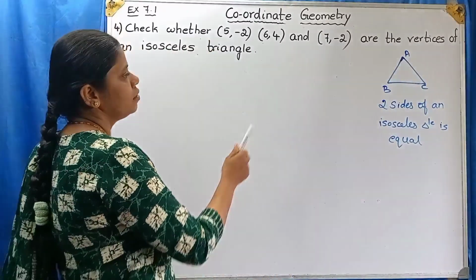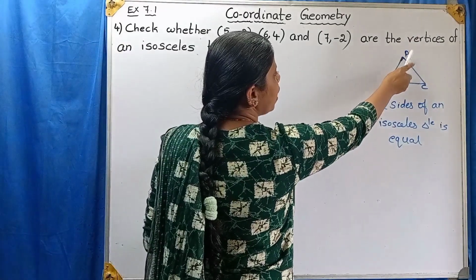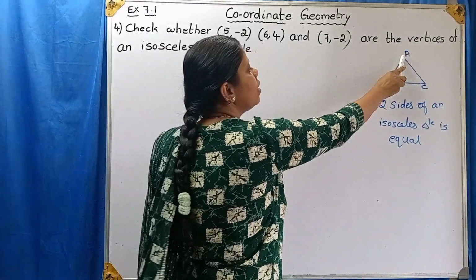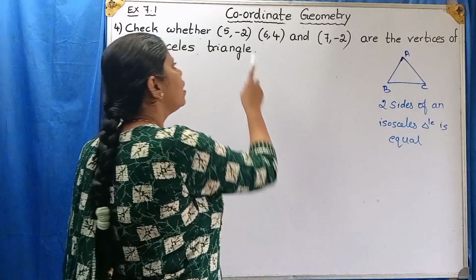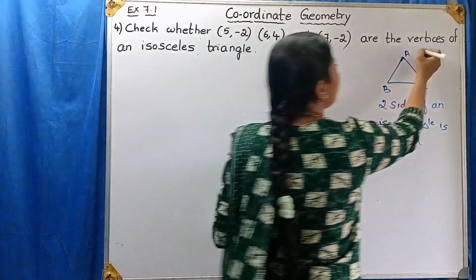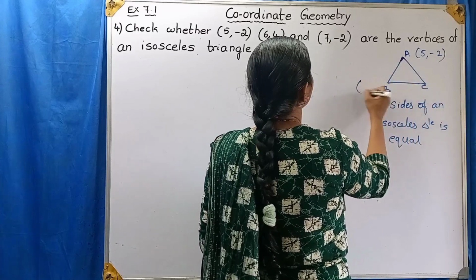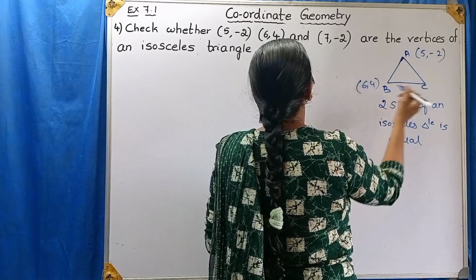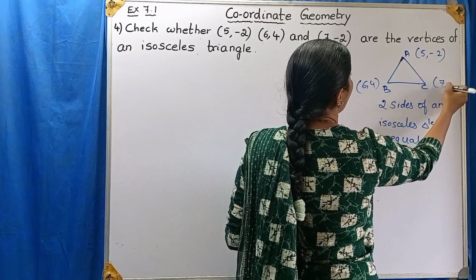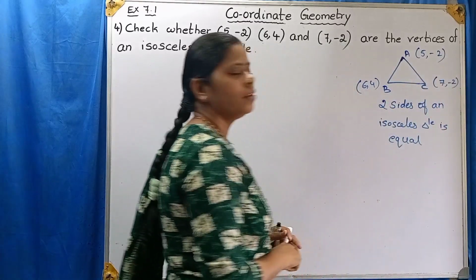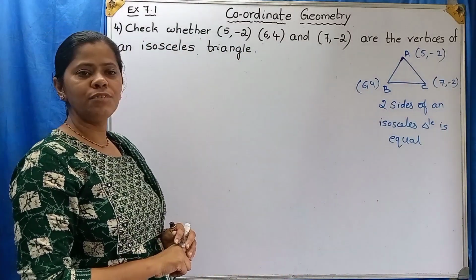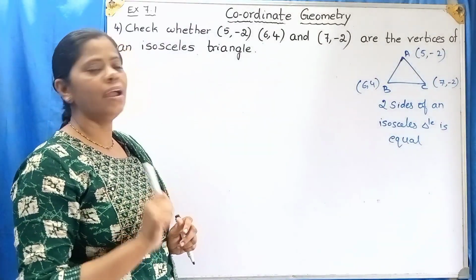See here, I have considered the vertices of the triangle as ABC. Let me name A as (5, -2), B as (6, 4) and C as (7, -2). Now, let us find the distance between AB, BC and AC.